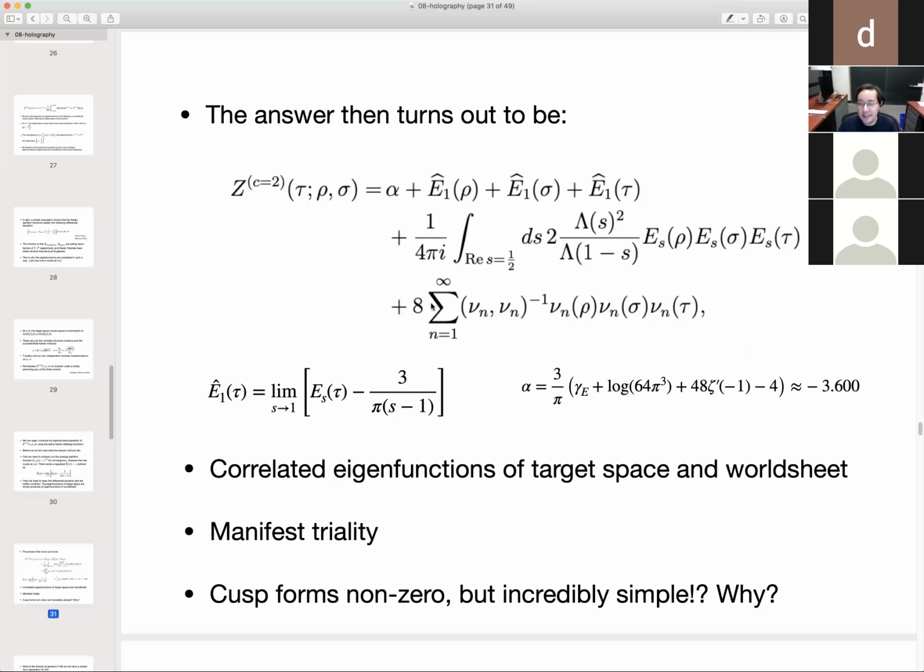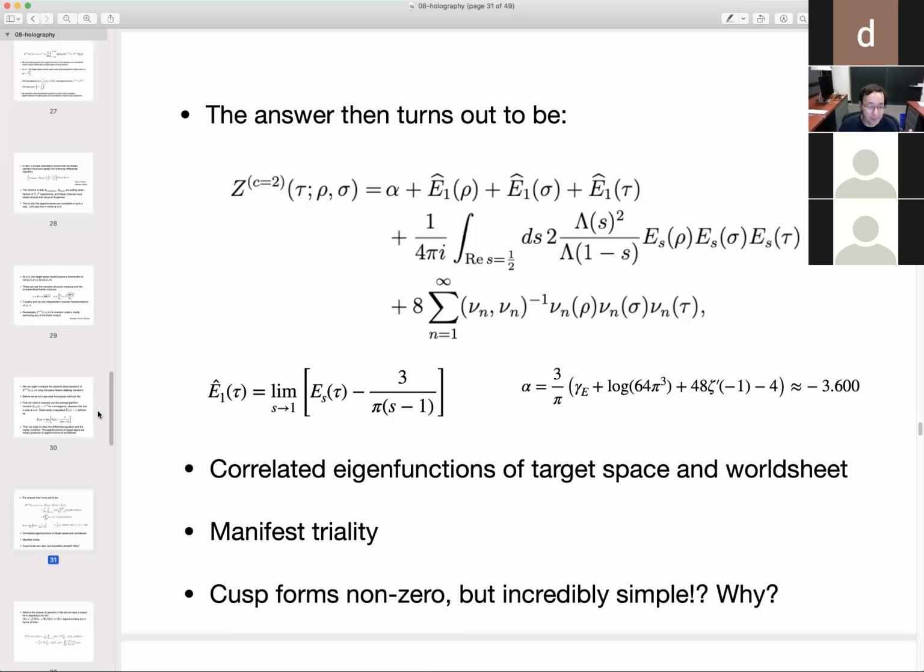If this 8 were some totally random number, different for every value of n, we would still obey the triality condition and the correlated eigenfunctions. But somehow, miraculously, we get the same number for all of them. And I think it would be really wonderful if this 8 were something physical that we're counting. I don't know what it is, but I think it would be interesting to explore a little bit more.